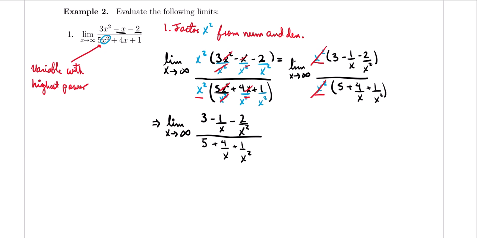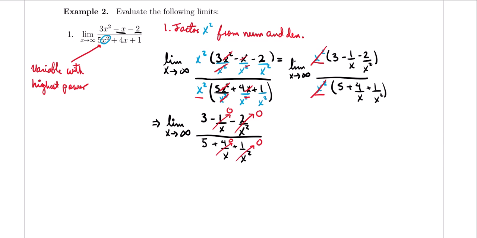Now we go ahead and evaluate the limit. Notice that a lot of the terms are being divided by an x, and as x gets arbitrarily large, 1 over an arbitrarily large number approaches 0, and 2 over an arbitrarily large number squared also goes to 0. The same thing happens in the denominator: 4 over an arbitrarily large number goes to 0, and 1 over an arbitrarily large number squared also goes to 0.